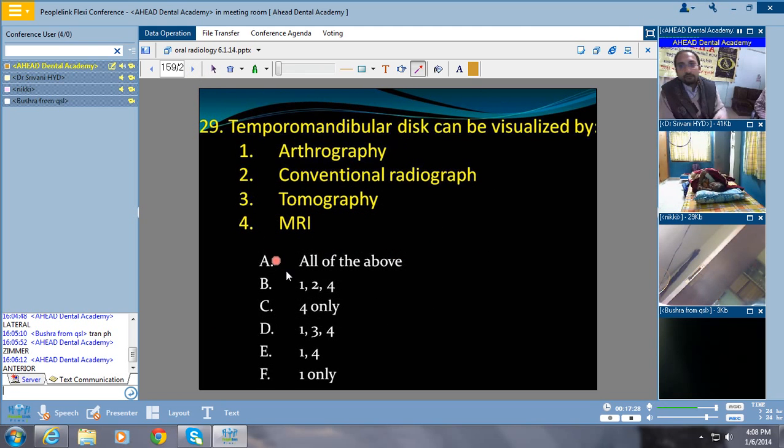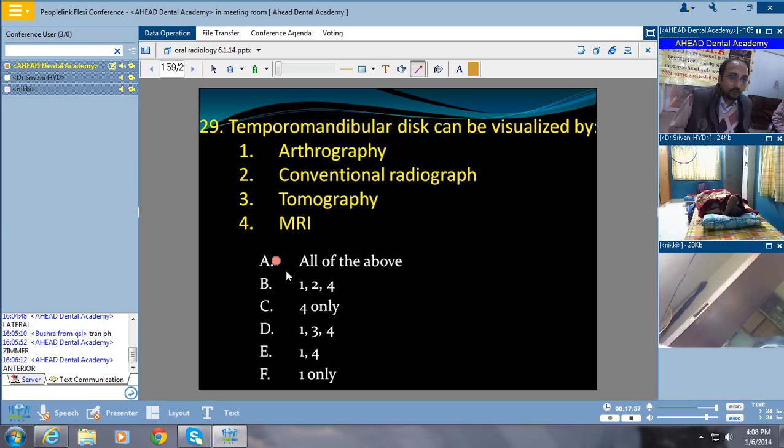This is the next question. The TMJ disc can be visualized by, we have four options: arthrography, conventional radiograph, tomography, MRI. MRI obviously is the best answer, but what about tomography? Tomography will not help us in visualizing the articular disc. What about conventional radiograph? Again, no. But what about arthrography?